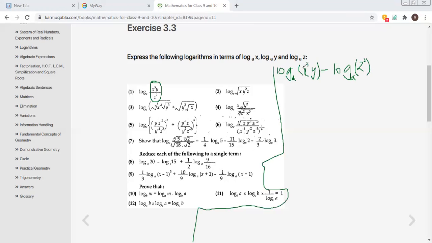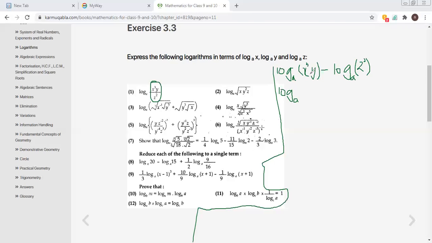Now in the first term, you can see that the two numbers are also in product form. So law number 1 is applicable here, because the numbers inside the first bracket are multiplied.